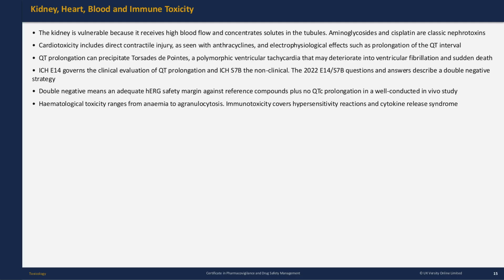QT prolongation can precipitate torsades de pointes, a polymorphic ventricular tachycardia that may deteriorate into ventricular fibrillation and sudden death. ICH E14 governs the clinical evaluation of QT prolongation and ICH S7B the non-clinical. The 2022 E14 S7B questions and answers describe a double negative strategy.